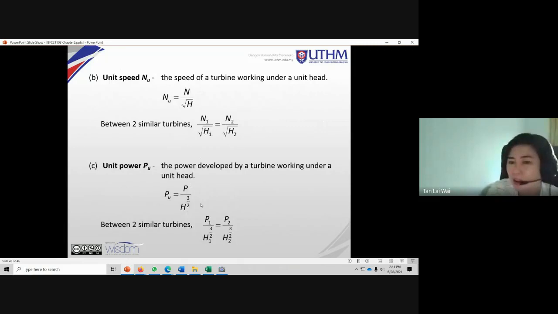So these are all working under a unit head. I hope you can distinguish between this and the similarity law that you have learned for pump and turbine. This is all about unit speed, unit power and unit discharge, where you want to find out the performance of a turbine working under a unit head. So you have this formula.